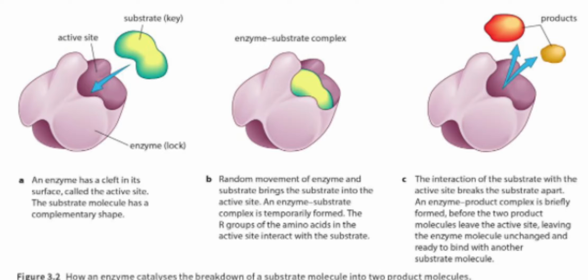So what is a catalyst? A catalyst is a substance which can speed up a chemical reaction without itself being chemically changed at the end of the reaction.